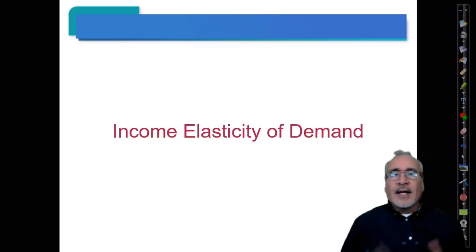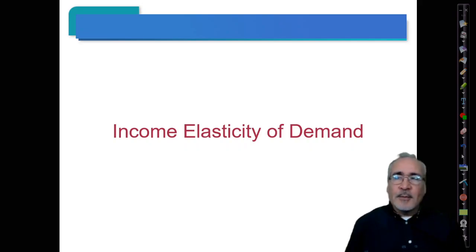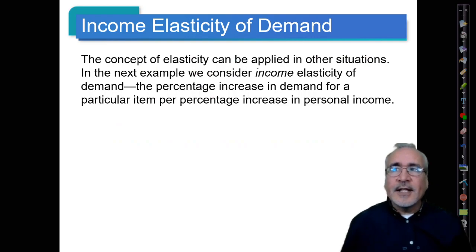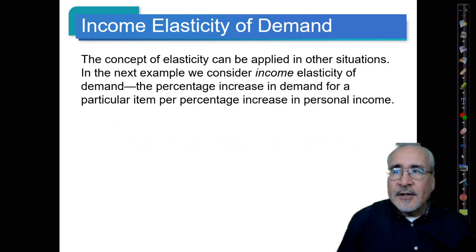Okay. Similar concept, we don't need to talk too much about this because we've already developed the concept of elasticity. Same thing applies to income. We will just have a different formula. Okay, so the concept of elasticity can be applied to this other situation, income elasticity of demand.